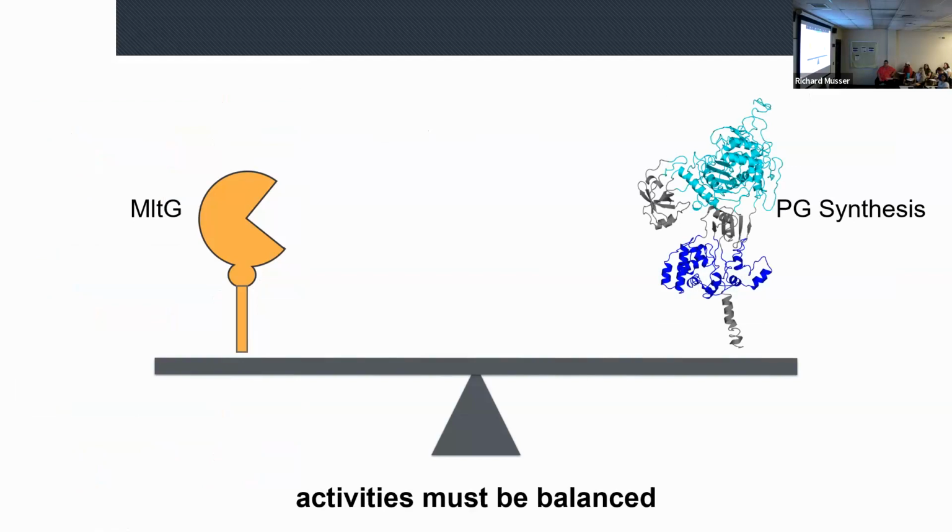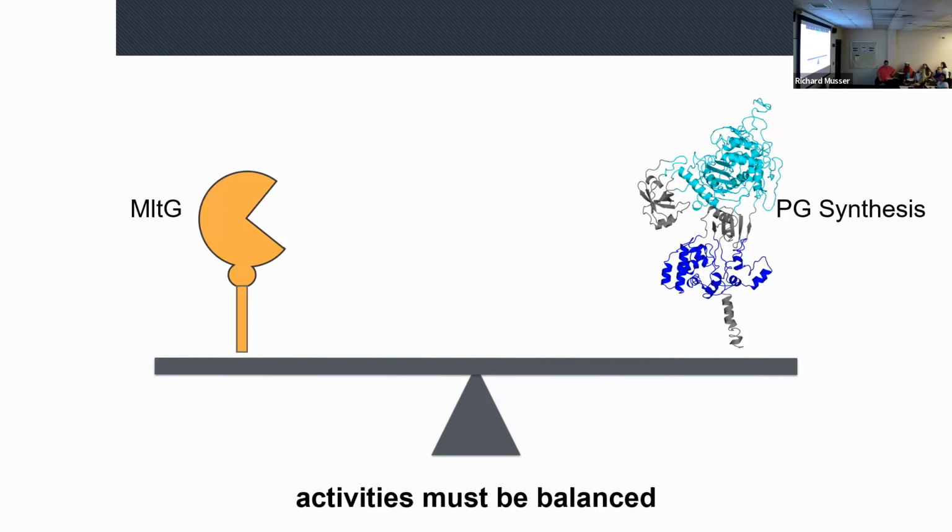However, this doesn't necessarily support the active termination idea, because MltG we know has this terminase activity, but it could also be participating in peptidoglycan turnover. It could be recycling the PG, and if the recycling is happening too fast relative to synthesis, that is what is impairing things.